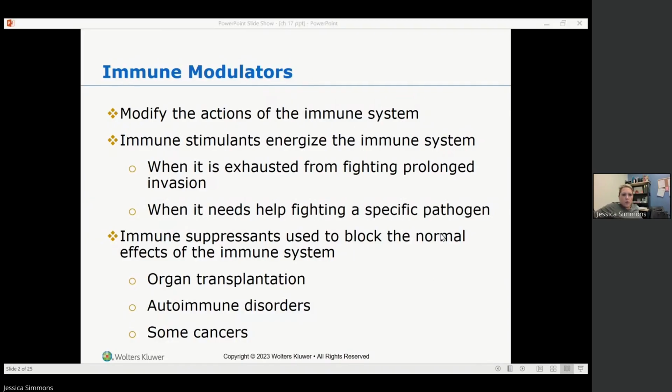The immune stimulants energize the immune system when it is exhausted from fighting prolonged invasion. Immune suppressants are used to block the normal effects of the immune system, for organ transplantation, autoimmune disorders, and some cancers.